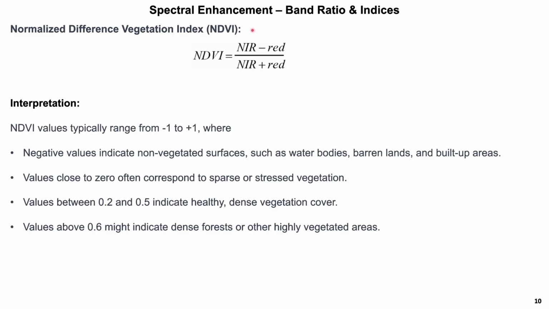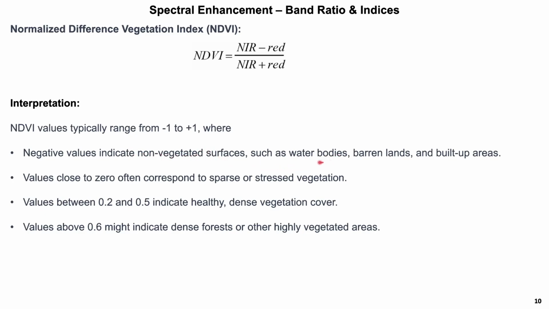The first and most important one is the normalized difference vegetation index, that is NDVI. It is NIR minus red by NIR plus red. How do we interpret this NDVI? The maximum and minimum range it can go is -1 to +1. Here the negative values indicate the non-vegetated surface.